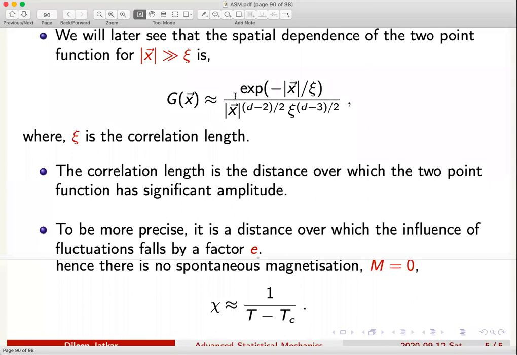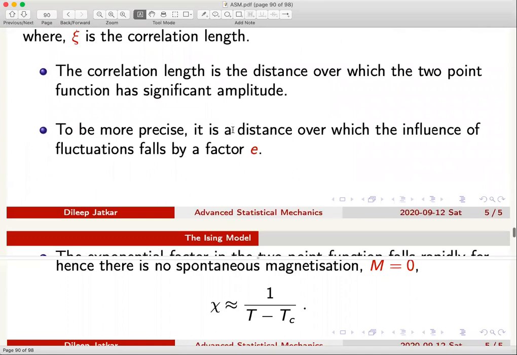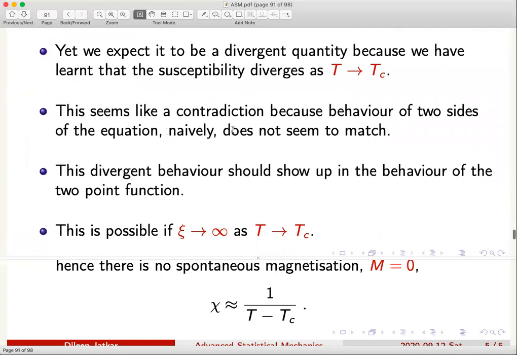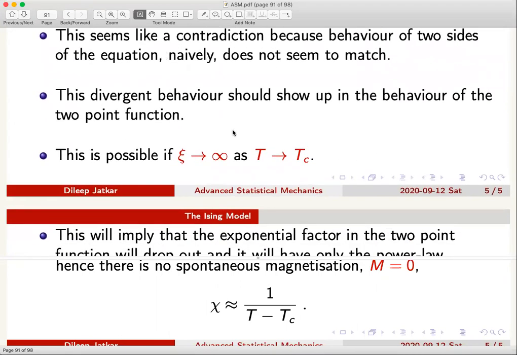Once you have gotten rid of the exponent, then your G actually follows a power law, and c is sitting only in the denominator and not in the exponent. In that case, the area under the curve is completely determined by how this function behaves. So the only way you could kill the exponential behavior is to say that as the temperature approaches the critical temperature, the correlation length of the system goes to infinity.